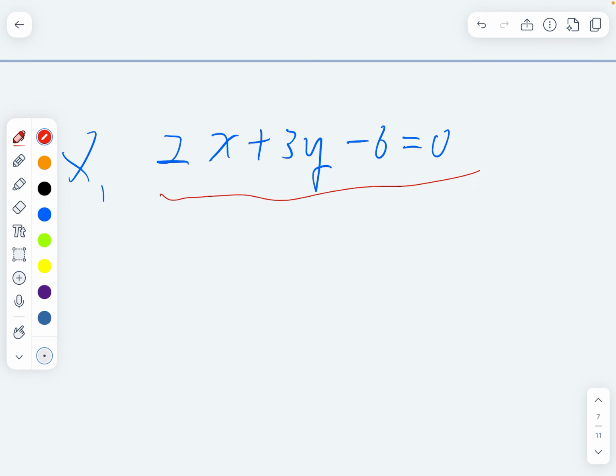How to write this form to the first form. We can write the solutions. 2x plus 3y equals negative 6.